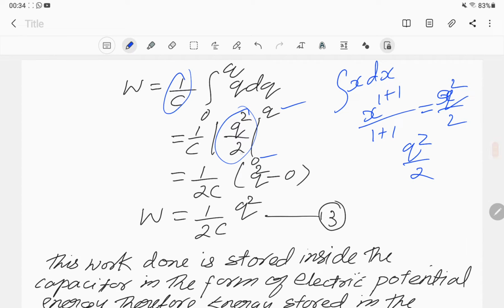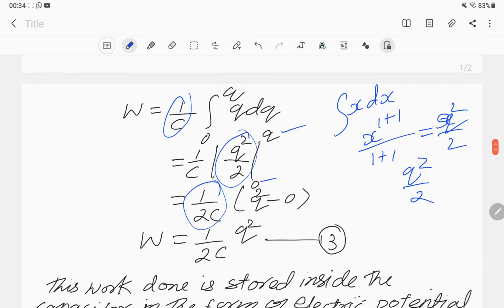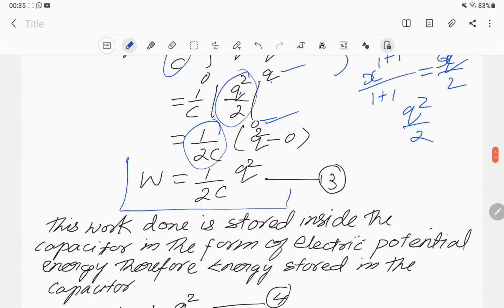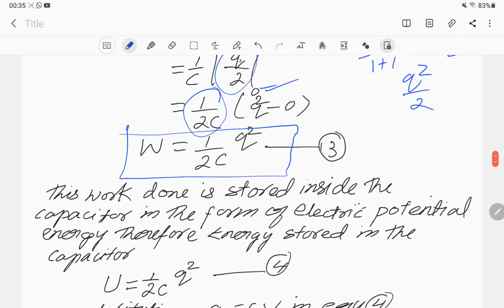The 2 is constant, you can take it outside, so it becomes 1 by 2C. Inside only q squared is left. The final limit is q, so we put q, and minus, in place of q we put 0, and 0 squared is 0. So we get W equal to 1 by 2C into q squared.